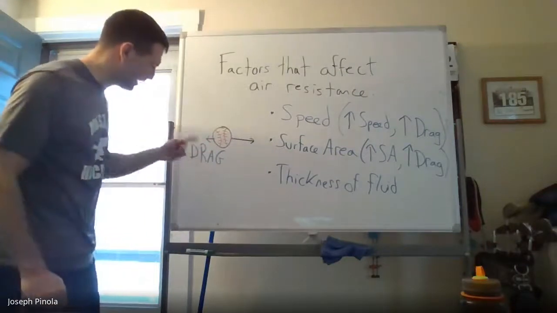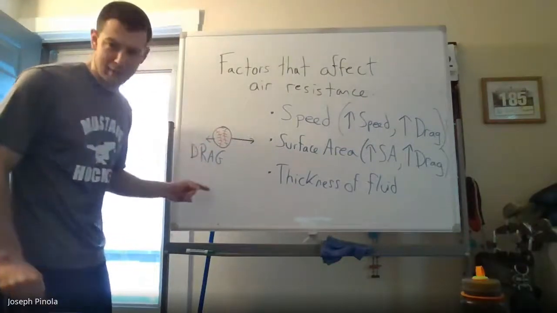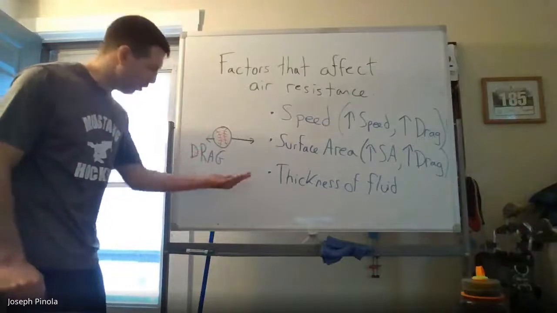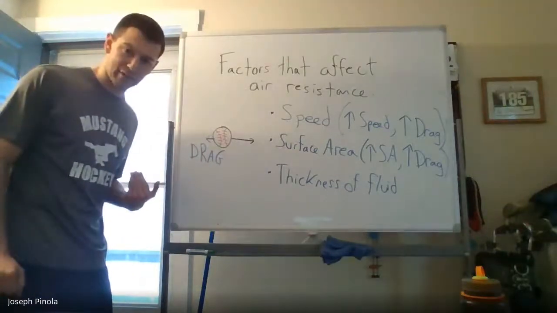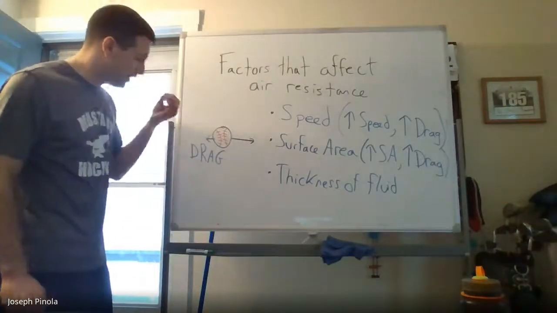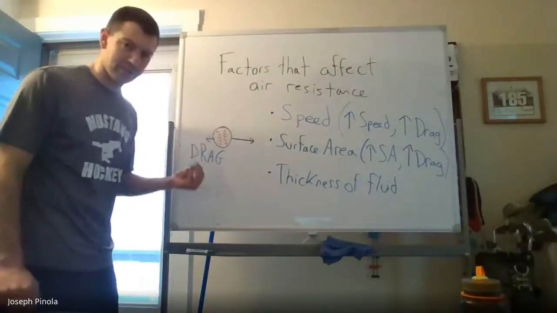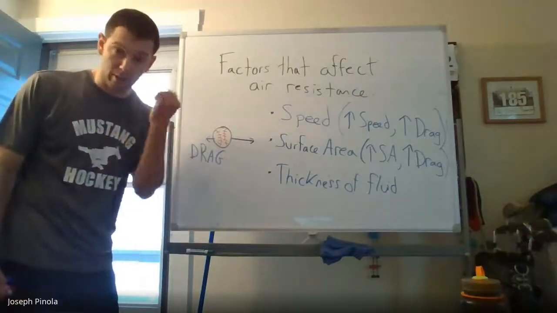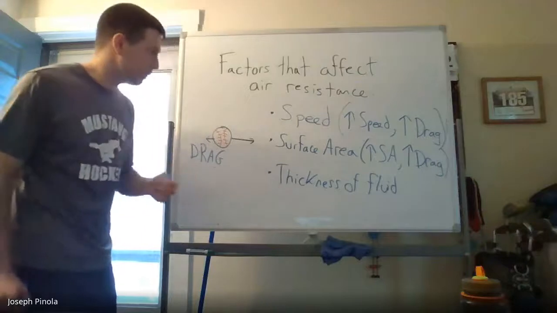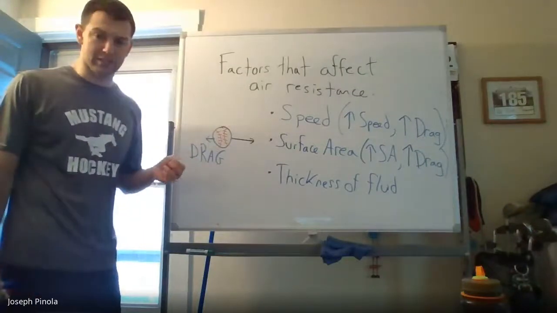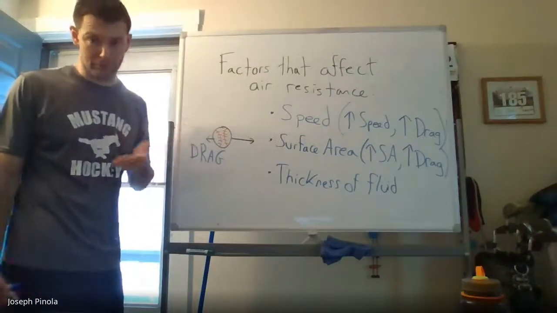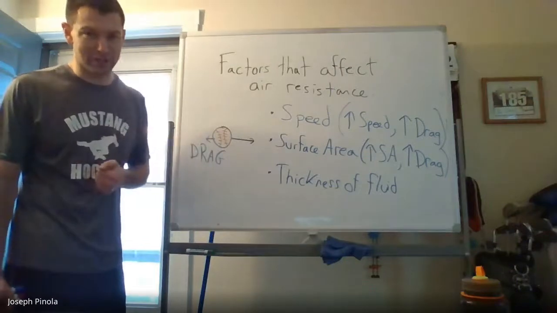And that's because there's less air resistance or drag or fluid friction working against the baseball when it's flying. That's because the air is thinner. When you have thick air or a thick fluid, you will experience more air resistance, air drag, or fluid friction, depending on what you want to call it.